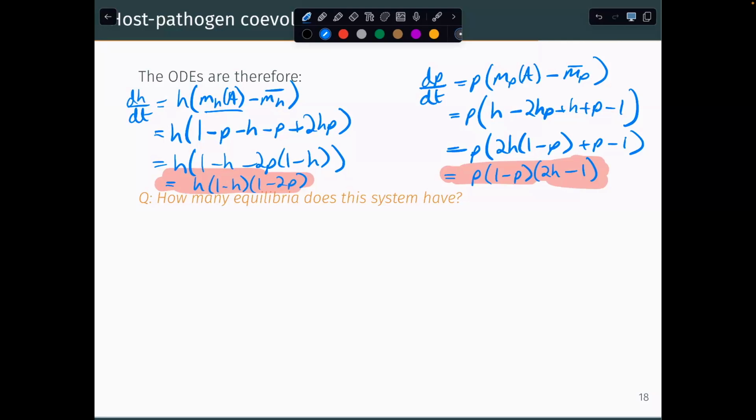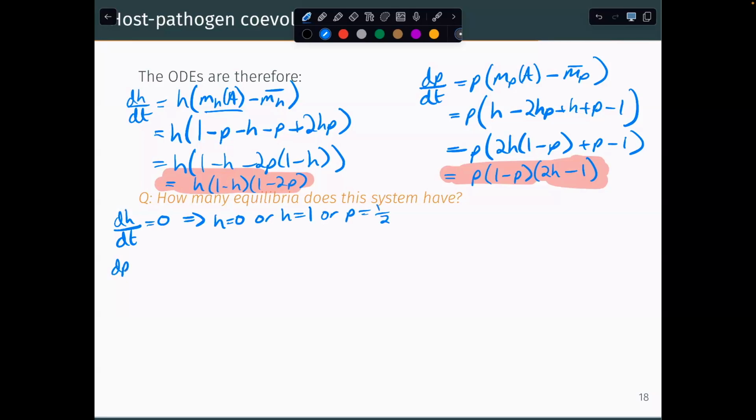Okay, let's work through this. So for us to have an equilibrium, both dH/dt and dP/dt have to be equal to 0. So if dH/dt is equal to 0, from this line up here, we know that either H has to equal 0, or H has to equal 1, or P has to equal a half, just because at least one of these factors has to be equal to 0.